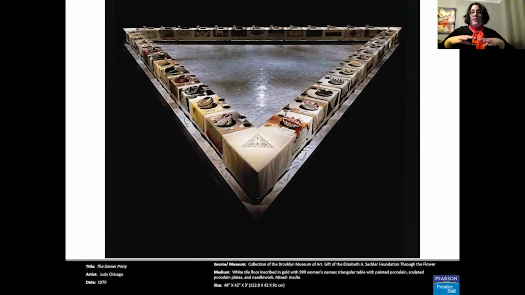In addition to the individual place settings, in the center are these porcelain tiles, and on the porcelain tiles are written the names of 999 women. So women in history, again, mythological women, and so forth. So this really is a work that is about embracing women's history, or women in history specifically.